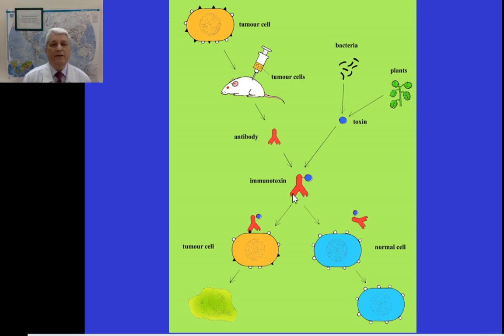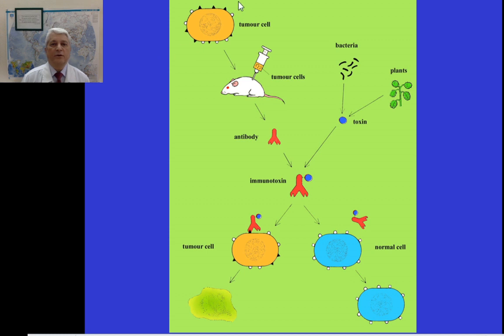But when immunotoxin meets tumor cells with specific pathological antigens, it will immediately react with this cell, and finally the cell will be killed. This is the dead malignant tumor cell.